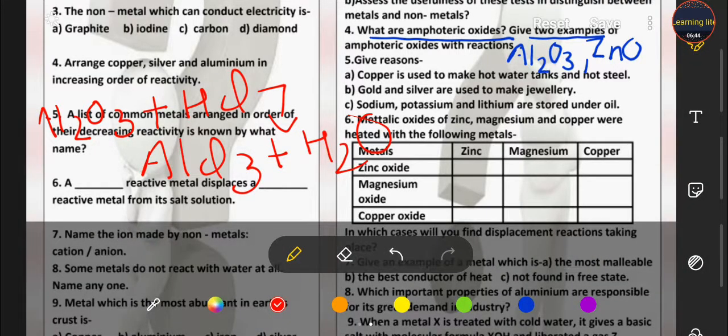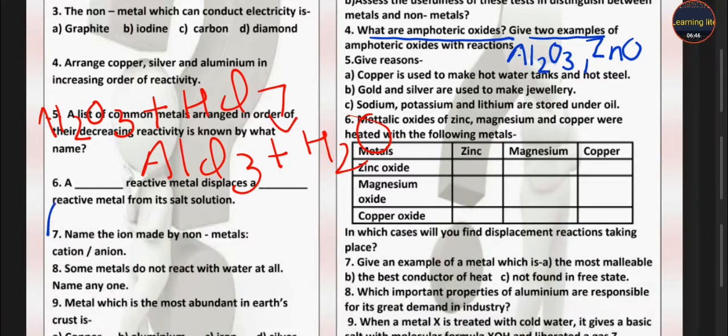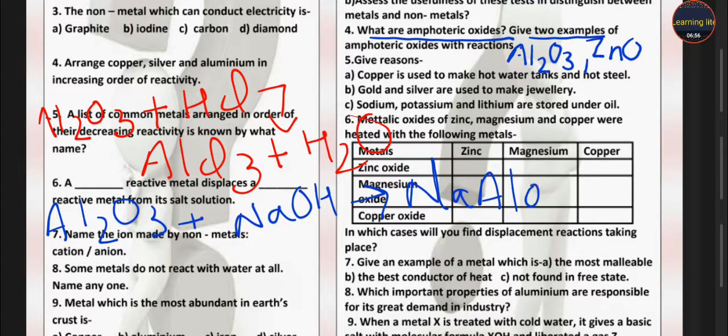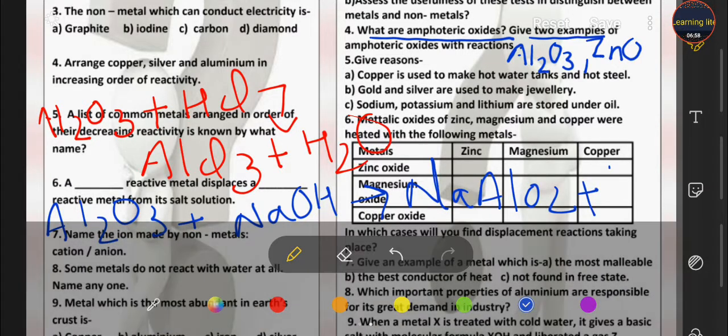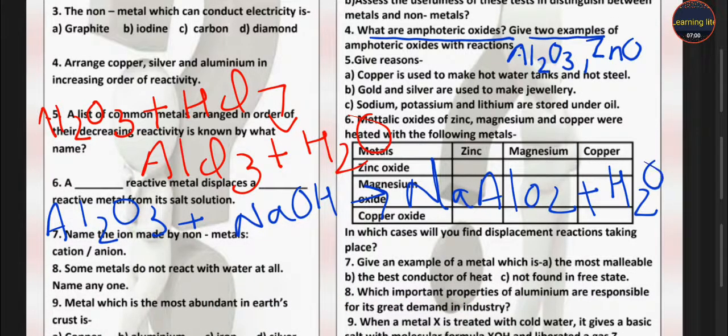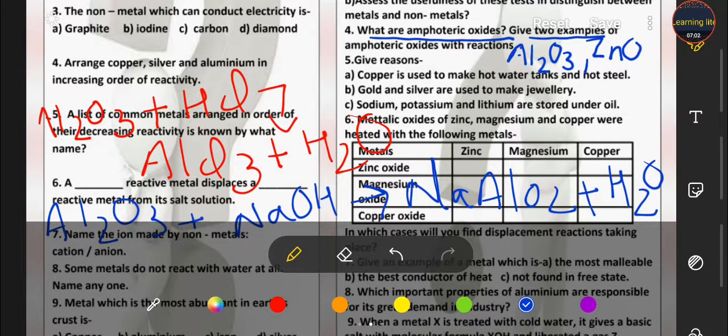Okay, and when this aluminium oxide reacts with a base, it gives sodium aluminate, that is NaAlO2, and liberates water with it. Okay students, so this is the reaction of aluminium oxide which is amphoteric with the acid and base.